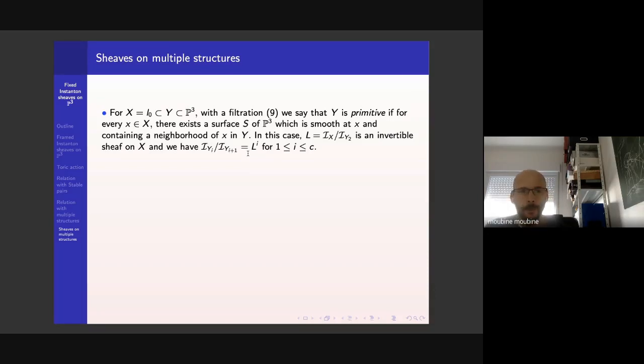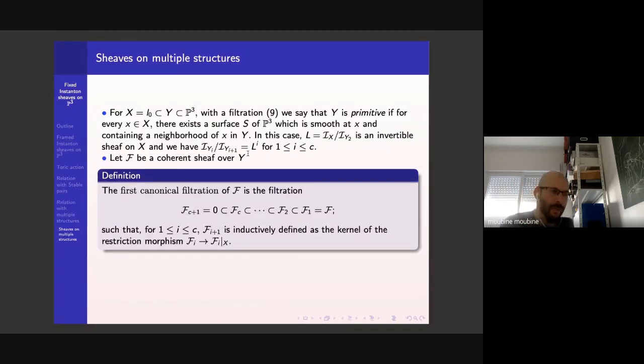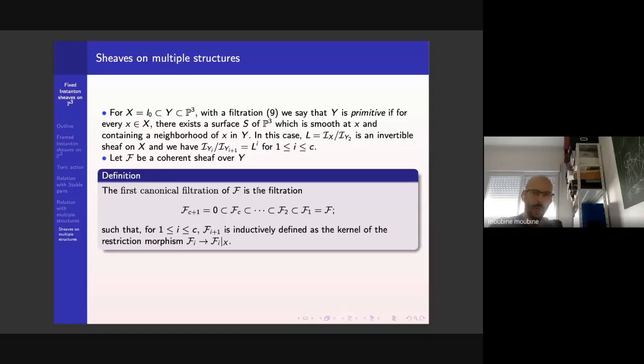Okay, so here more definitions. We call the first canonical filtration of a sheaf on this multiple structure the following filtration given by these members, where you take F, you restrict it to the simple structure, and then you take the kernel, which is F2.